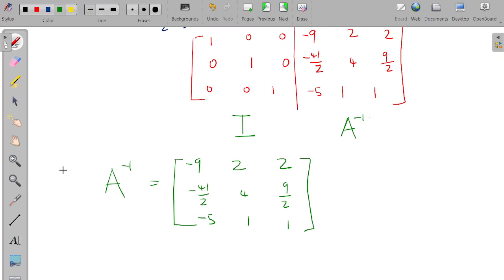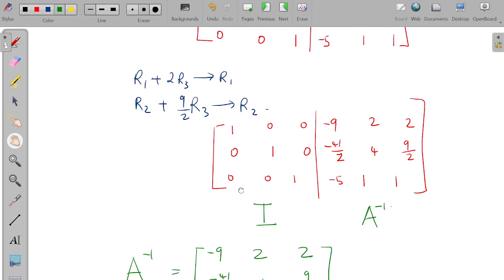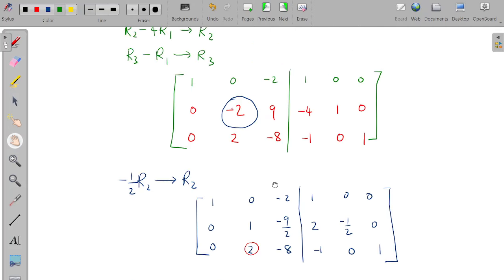Now, don't forget I have my A inverse. Now I need to use my A inverse to get the value of my x, y, and z. And how do we do so? We go back.